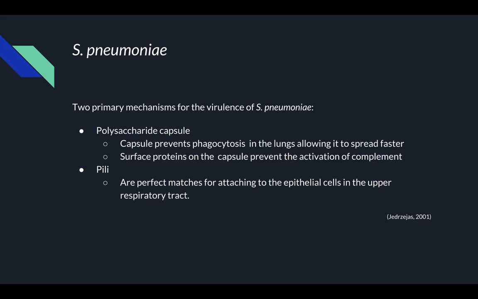S. pneumoniae has two primary mechanisms to increase its virulence of infection. Number one is the polysaccharide capsule, which has some tricks. That capsule prevents phagocytosis in the lungs, which simply allows the organism to survive longer and start spreading a little bit faster than it could if that were checked by the neutrophils and macrophages.